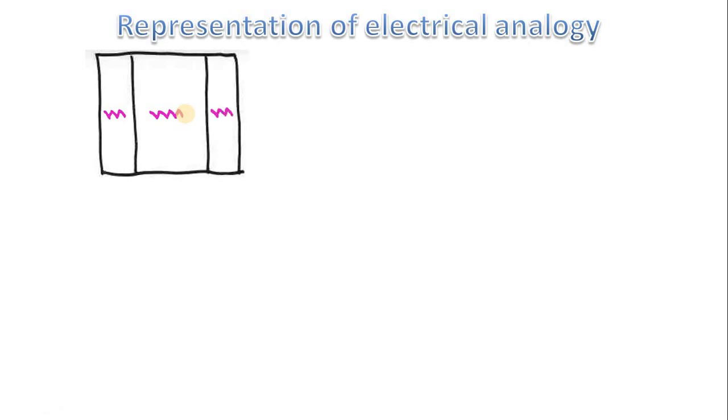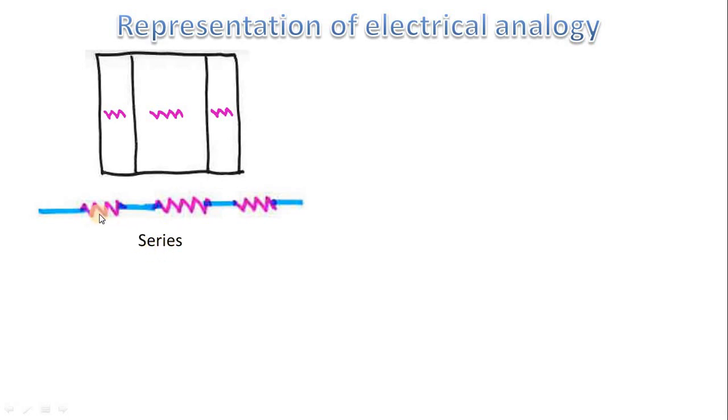And the next step is to simply connect it sequentially. So here it is. If I consider here R1, R2 and R3, then they are simply connected by means of series.